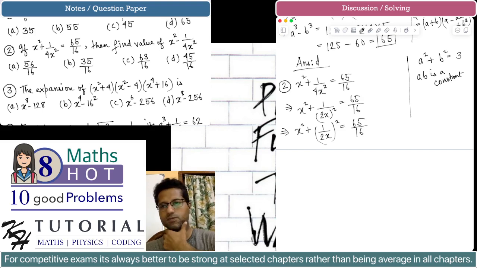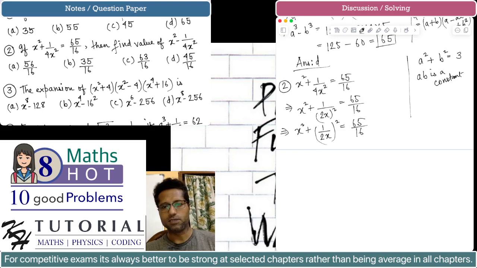Typically in some problems b will be the reciprocal of a, that is b will be 1 by a, but it may not be exactly 1 by a. It could be some variable where a into b will be a constant. So in this problem we can see that a is x and b is 1 by 2x, and x into 1 by 2x is 1 by 2, so it is a constant.